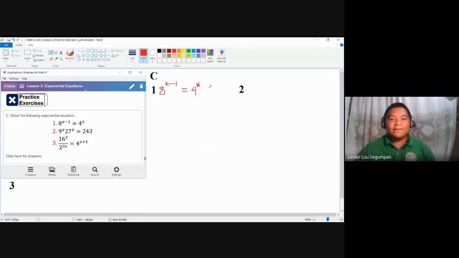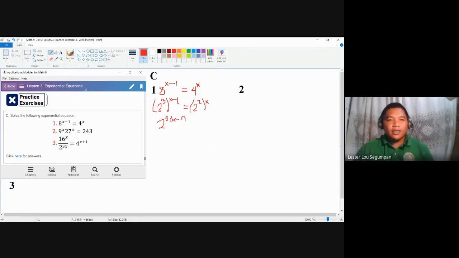So let us try. 8 is actually 2 cubed. 4 is actually 2 squared. So we have expressed them with base 2. But do not forget the additional exponents placed in each side of the equation. So that's multiplication. Now we apply here the power rule. So you have 2 to the power of 3 times x minus 1.